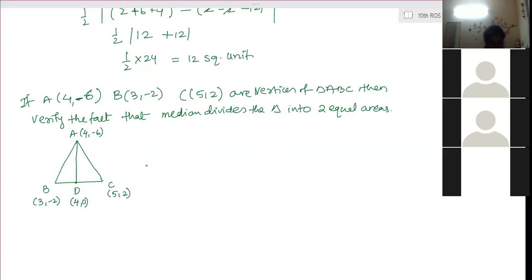Ma'am, we have to find the D coordinates, no, ma'am? I have already written it in front of you. No, ma'am, but it is not written in the question. It is not given in the question. You have to find that, and I found it in the beginning only. Yes, ma'am.